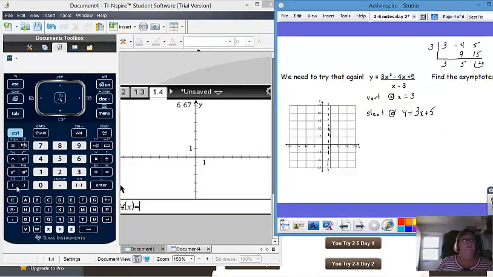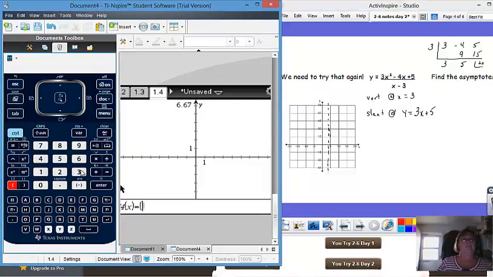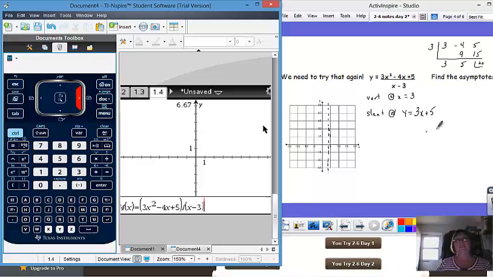What we had was 3x squared minus 4x plus 5 divided by the quantity x minus 3. And according to what we did here, I say it should have a slant asymptote at y equals 3x plus 5.